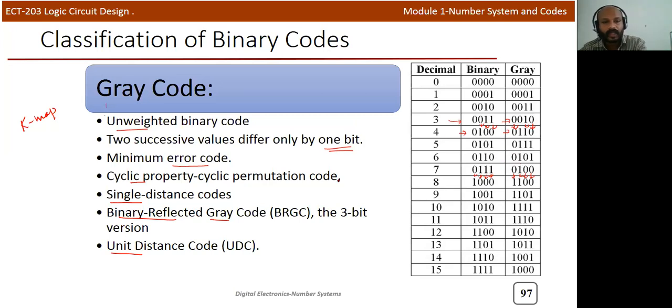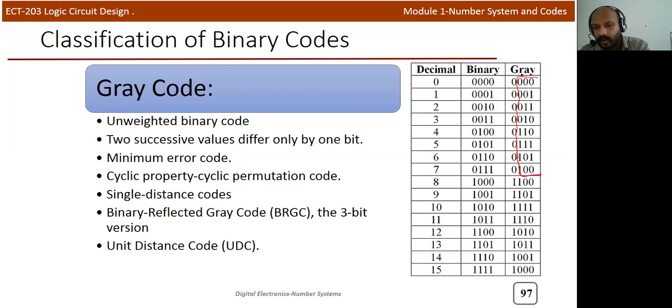And the binary reflected code means, if you look at this lower part, it's a 3-bit version they have shown.